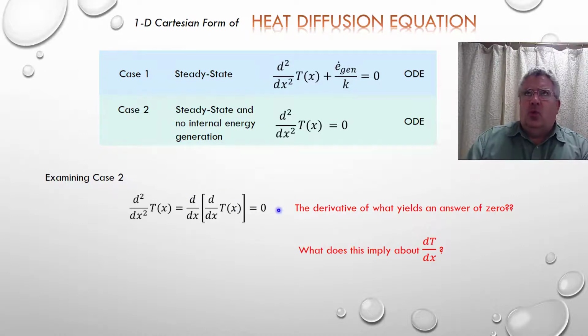So the derivative of what yields an answer of 0? Well, the derivative of a constant is equal to 0. So that tells us that dT/dx, the derivative of T with respect to x, is a constant. And this, ladies and gentlemen, is a straight line. dT/dx equaling a constant means that the slope is constant.